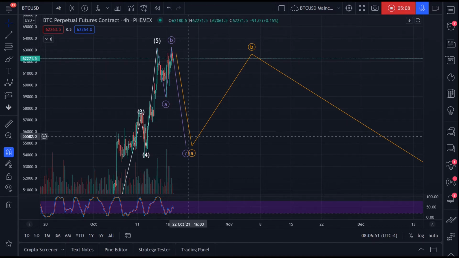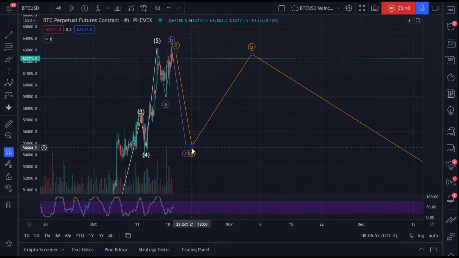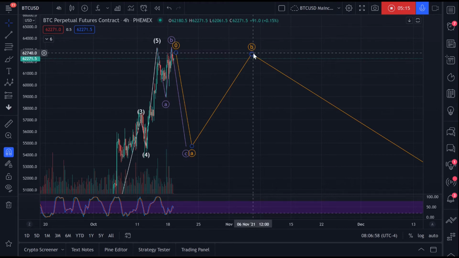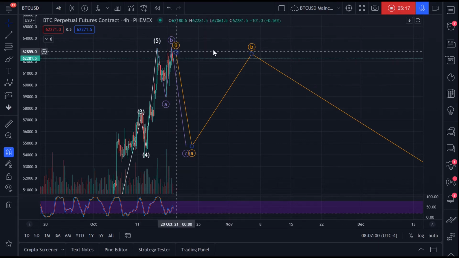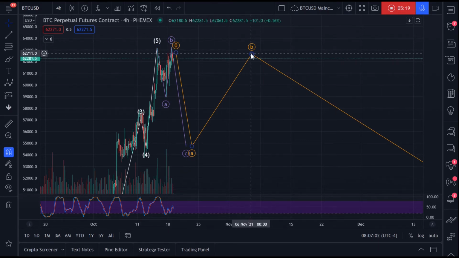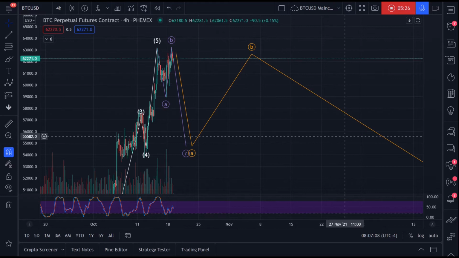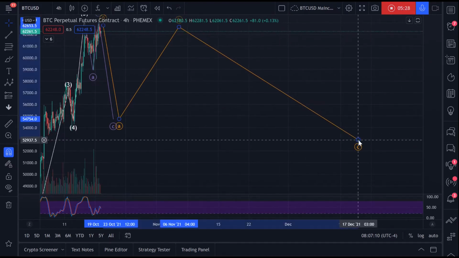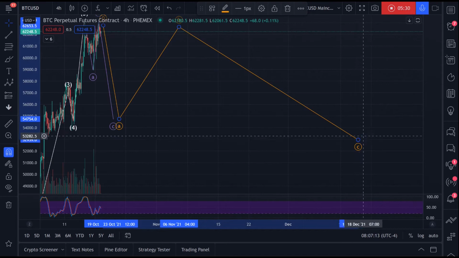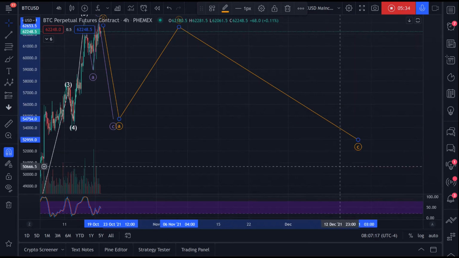So it's likely that we come down to 54, as I said, 55K, excuse me, go back up to retest these levels here at 62.7, something like that, and then come back down to 53, thereabouts. And this is where I'm entering my longs for alts.